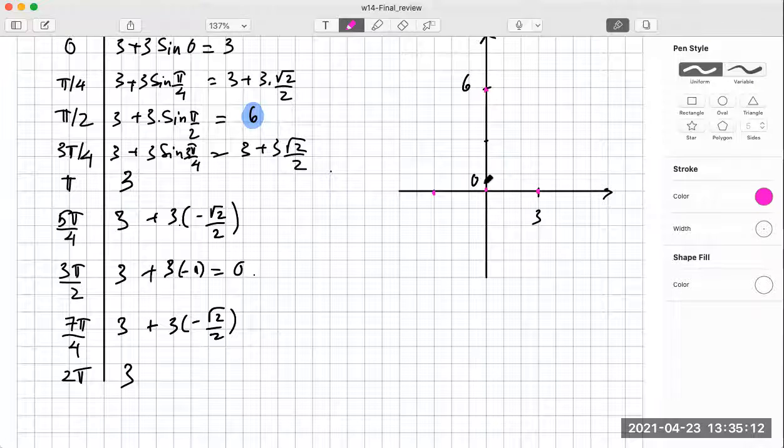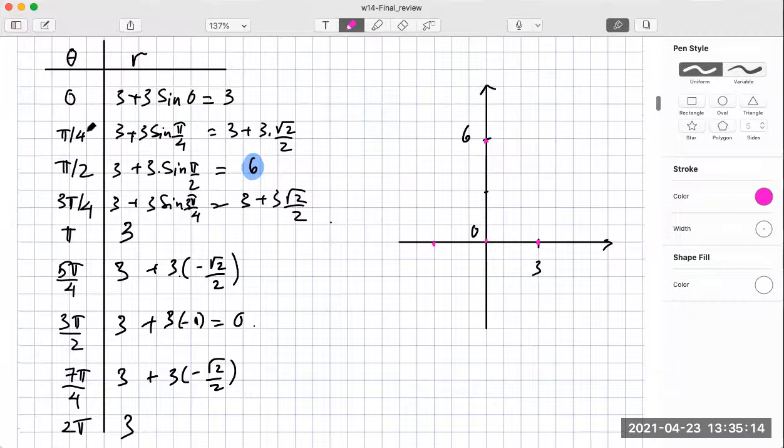Okay, we know some special points here. And at pi over 4, it will be 3 plus 3 times square root of 2 over 2, right? It is 5.1 something, okay? And at pi over 2, the distance will be 6. It will be this much.